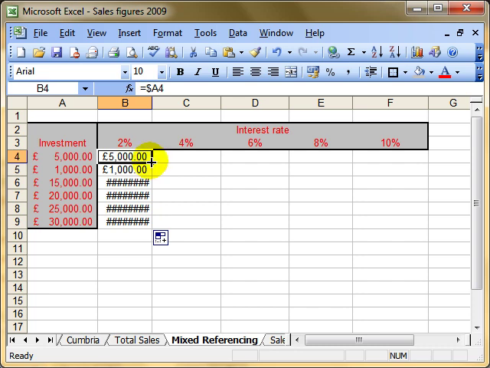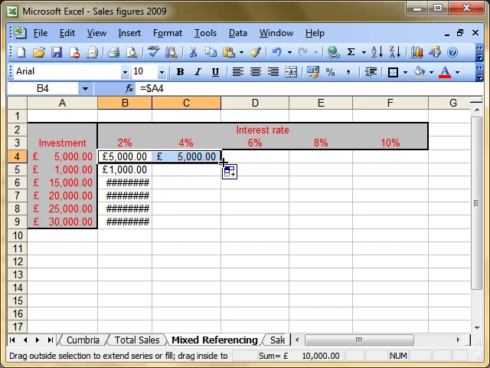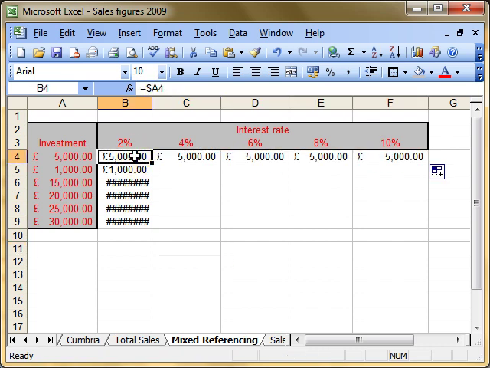When we replicate that across, further, we've got $A4, $A4, $A4, $A4. Each time it's still that cell. So using that $A4, whether we replicate down or across, every time we pick up the investment value.